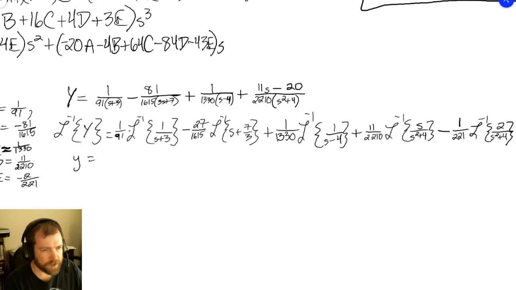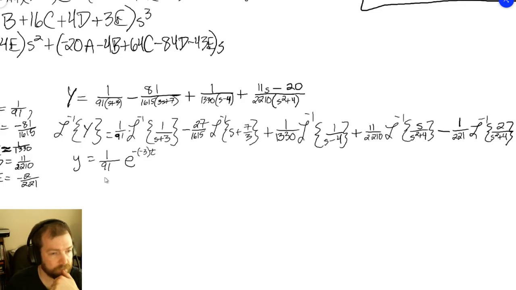So inverse Laplace on this is going to be 1 over 91 times the inverse Laplace of 1 over s plus 3, which is going to be e to the negative 3t, so 1 over 91 e to the negative 3t.